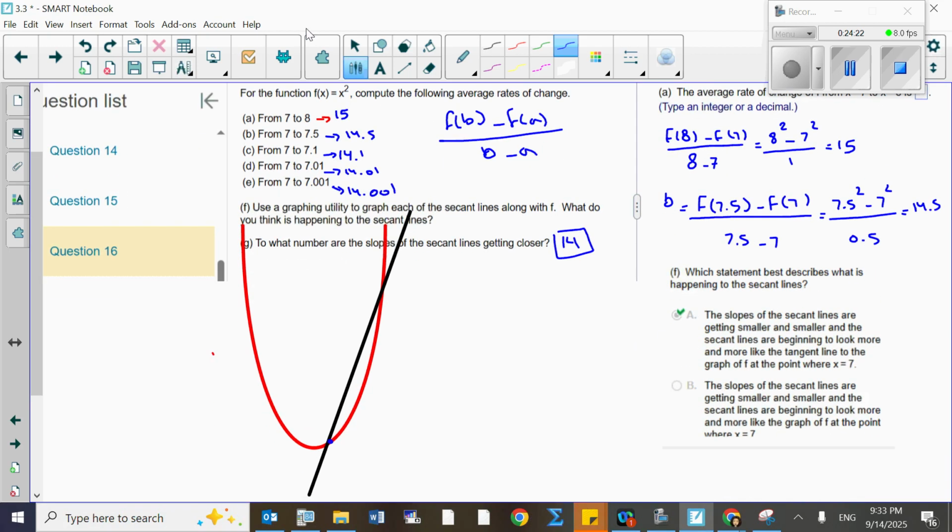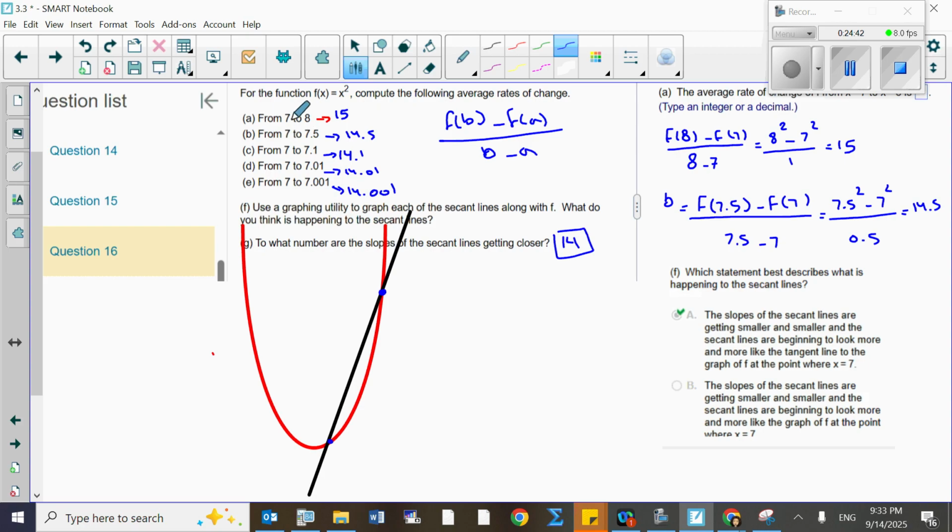So here's the graph of my function. And also, this is the secant line that is passing through 2 points. So let's say this is x equal to 7 and this is x equal to 8. Now, as you see here, each time we are making the distance between these 2 points smaller and smaller.